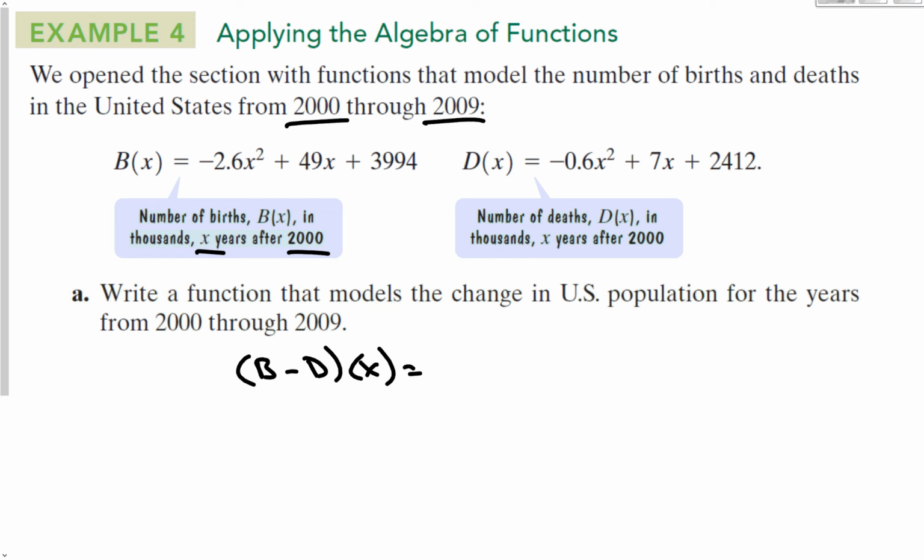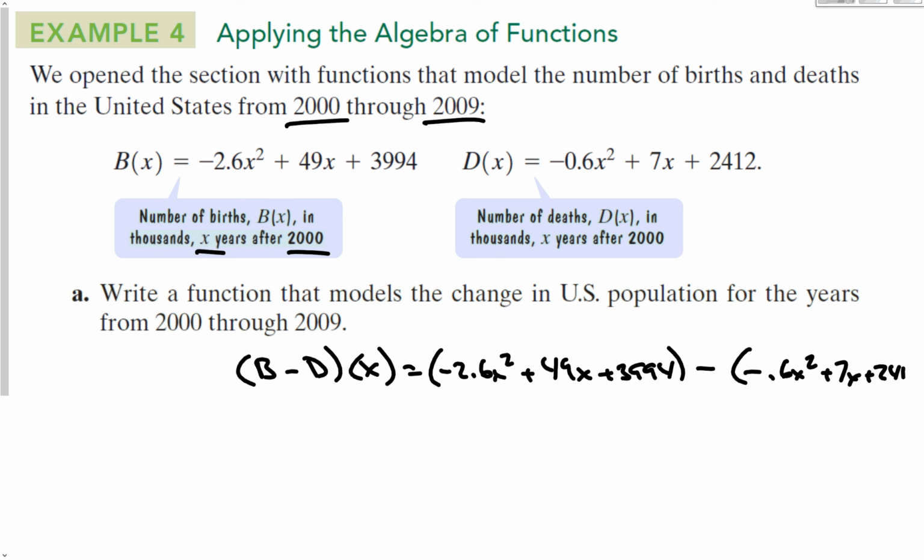And I can set this up as the first function, 2.6x squared plus 49x plus 3994 minus the second function, -0.96x squared plus 7x plus 2412. Run out of room there. Okay.